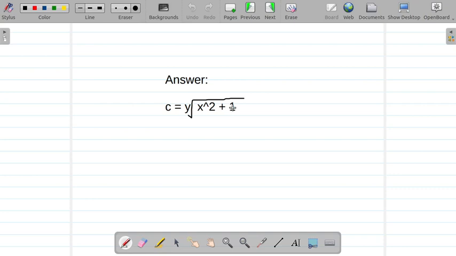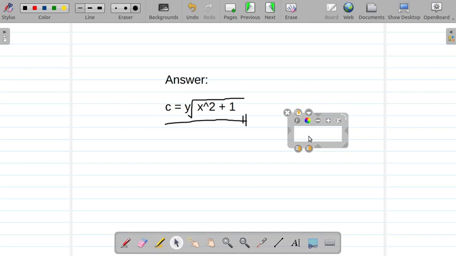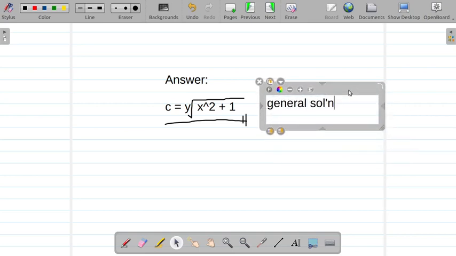That is now your answer. Since c is not defined also, we can conclude that this solution is a general solution. So this equation is a general solution.